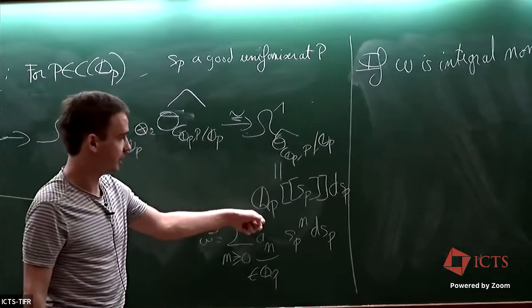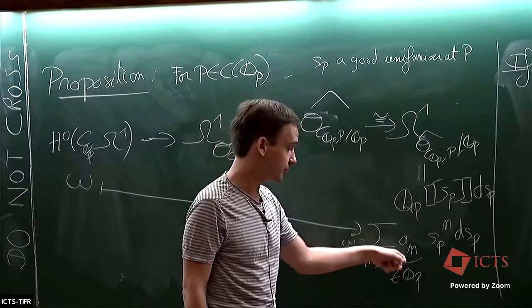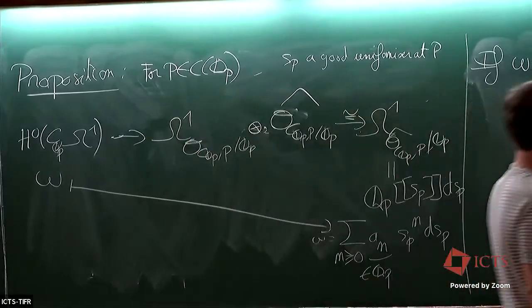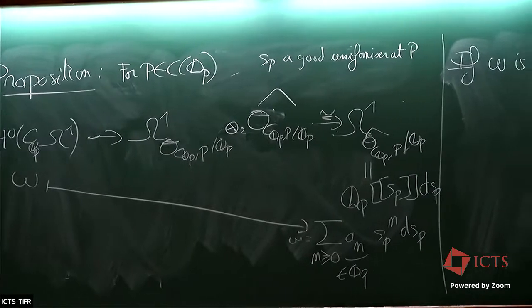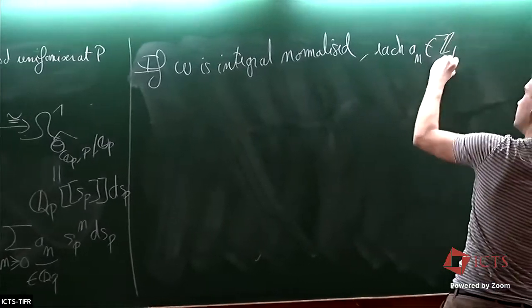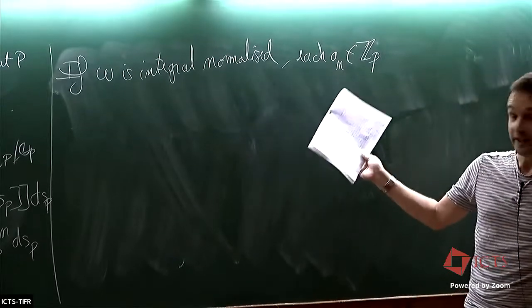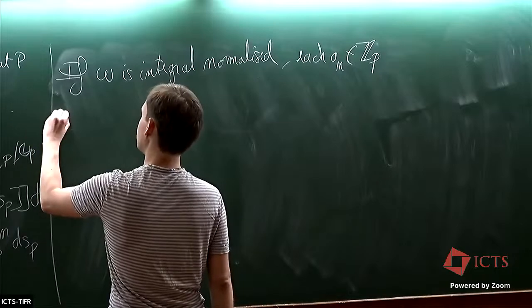And in turn, instead of QP SP here, I will have ZP SP. In other words, these coefficients are not only in QP, but in ZP, which is why it was important to be careful. Each an is in ZP because it's integral. And because it's normalized, I can also say that one of them is non-zero modulo P.